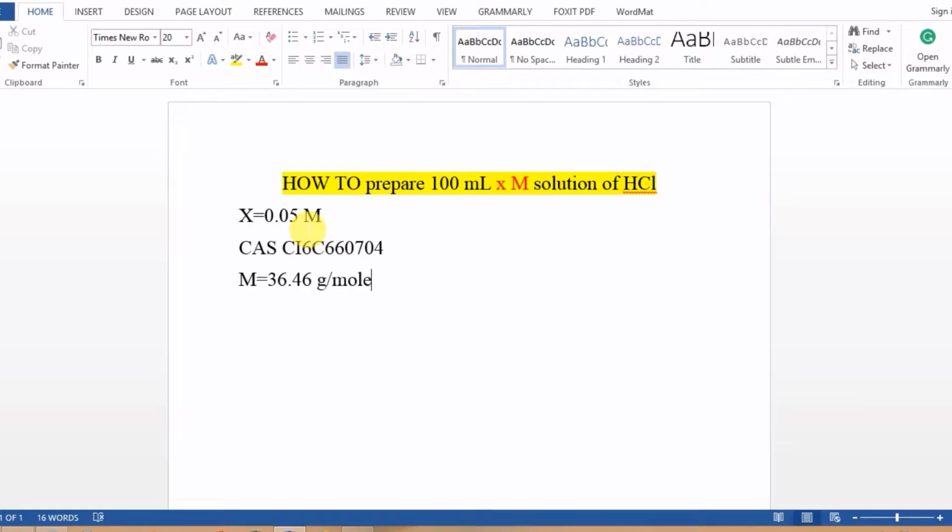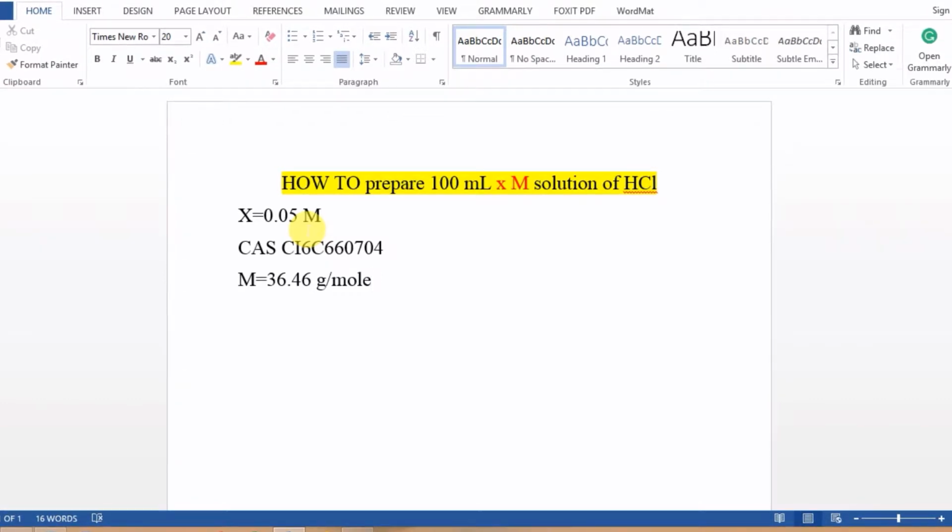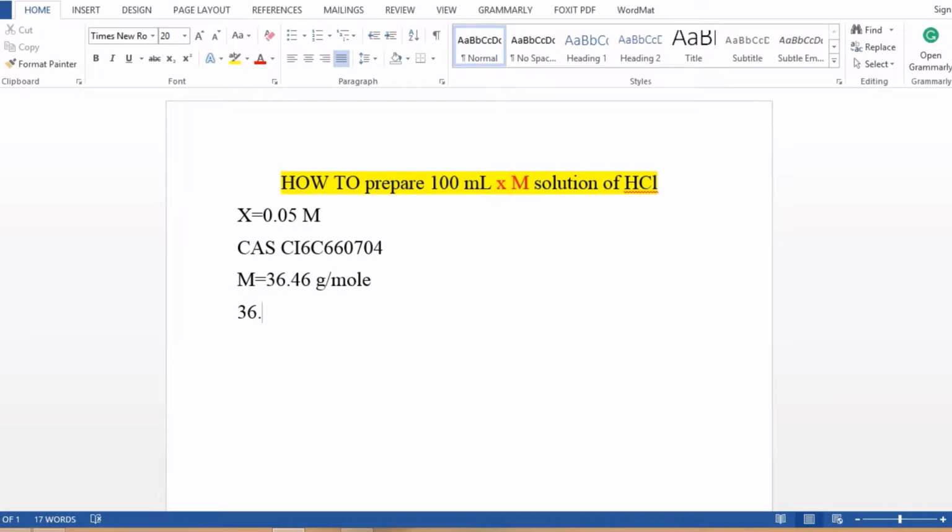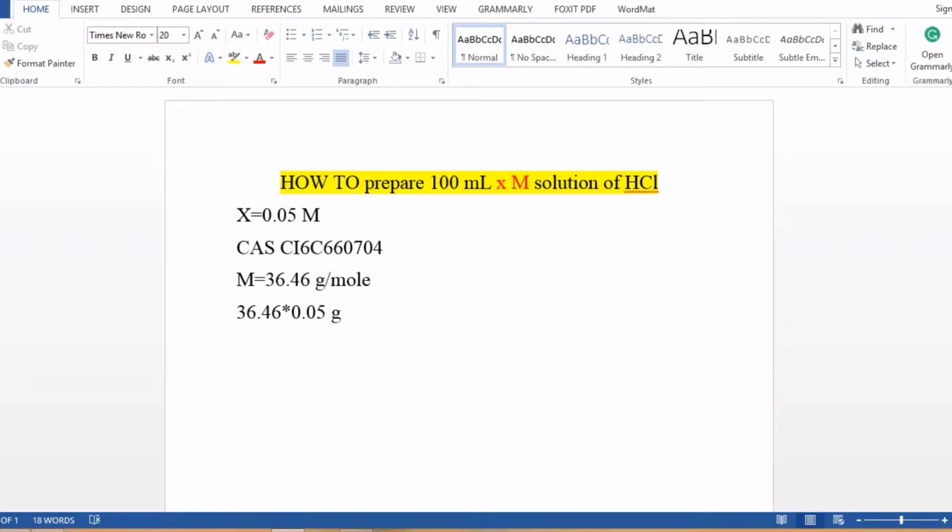So it means that in 1000 ml or 1 liter solution, maybe aqueous solution, there is 36.46 times 0.05 gram of HCl.